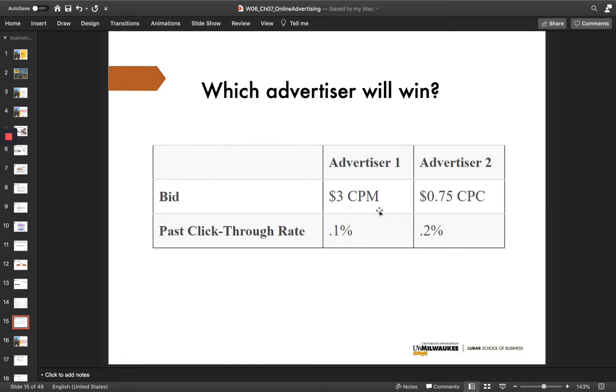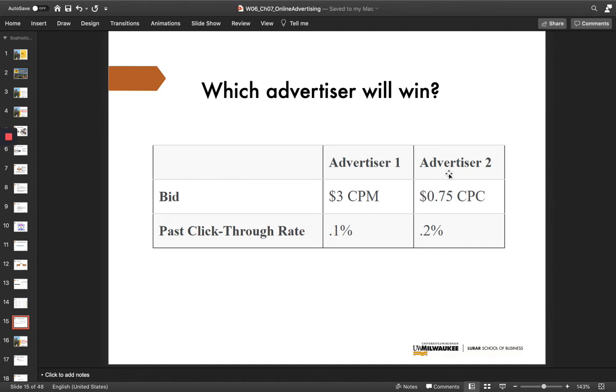So we know 1,000 impressions cost $3. Combining these two pieces of information, per 1,000 impressions is $3, or one click, $3.